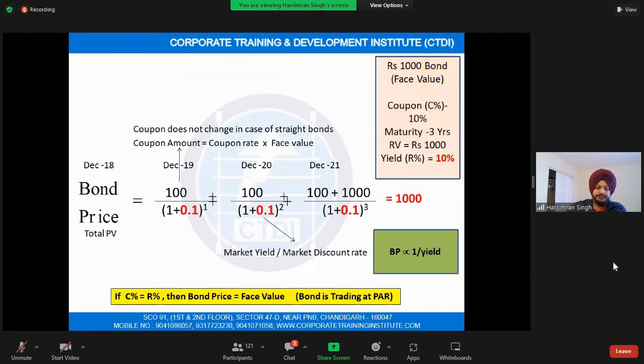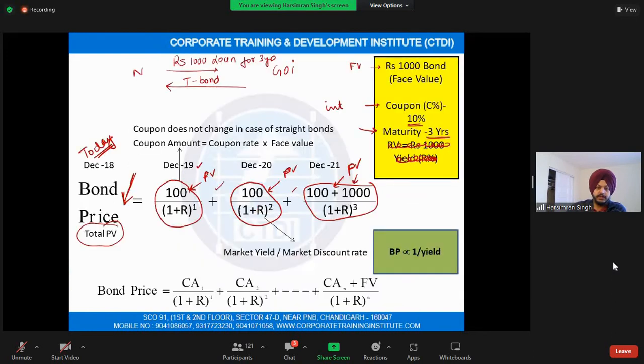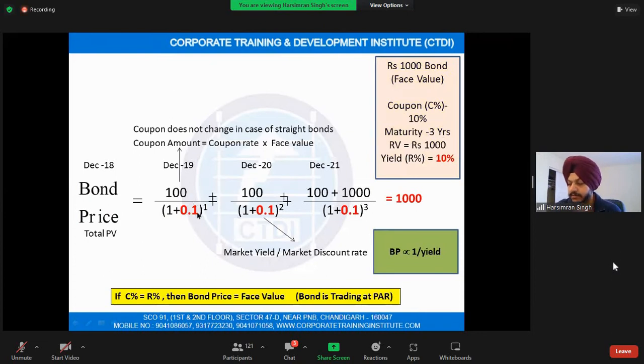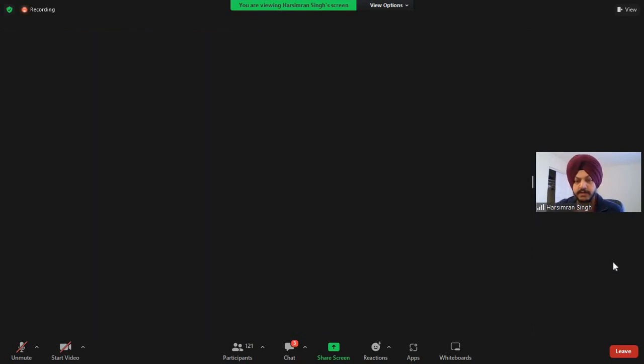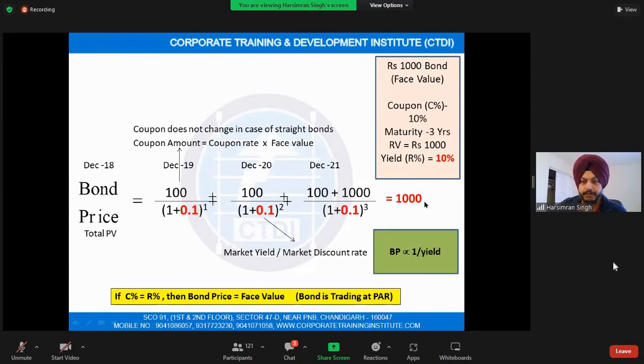Now, this R is basically today's interest rate, the market's interest rate. Suppose the interest rate in the market is 10%, you will put 10 over here, you will get the value of the bond. So coupon will never change.